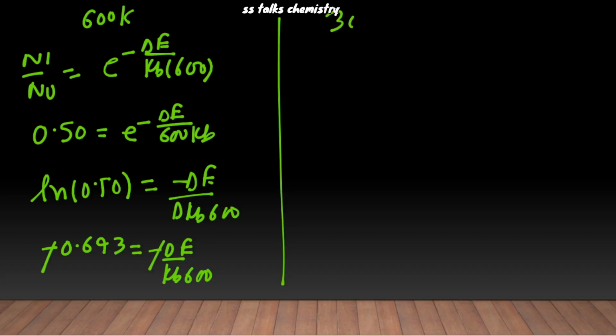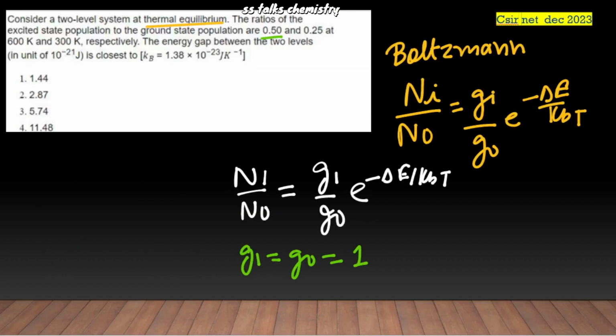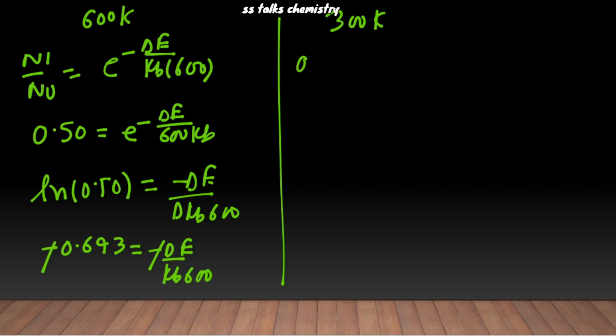Now at 300 Kelvin, in a similar way, the ratio given is 0.25, which is equal to e raised to the power of minus del E upon kb into 300.